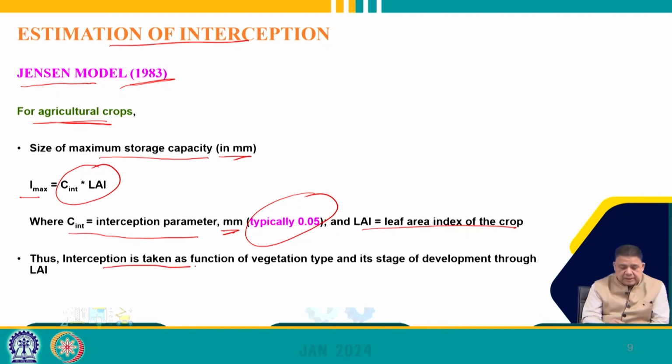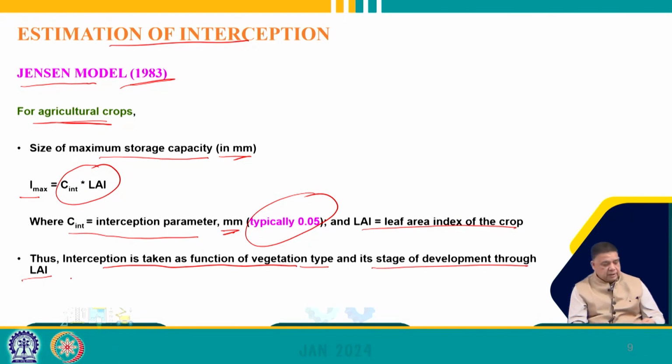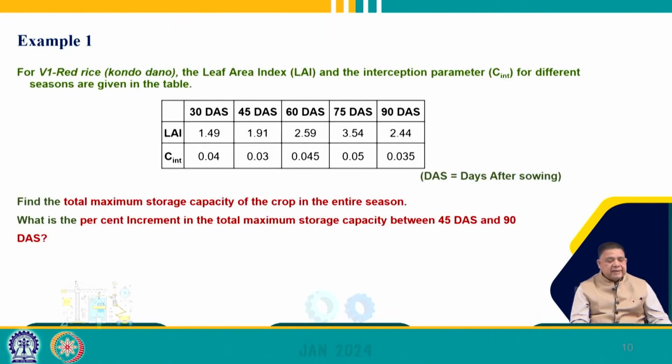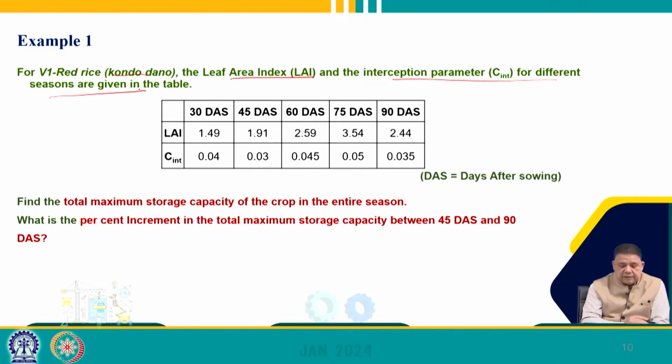Thus, interception is taken as a function of vegetation type and stage of development through leaf area index, which we also mentioned earlier. Let us take an example: for the variety red rice, Condor Dano, the leaf area index and the interception parameter for different seasons are given in the table.